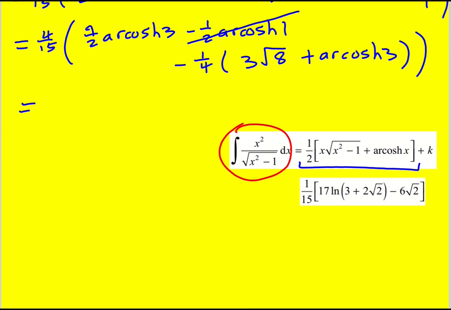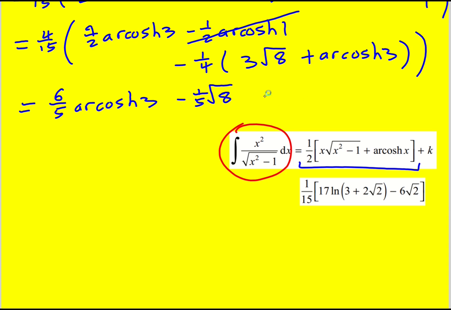Let's multiply by that 4 over 15. If you do 4 over 15 times 9 over 2, you actually get 6 over 5. So 6 over 5 arcosh 3. And then for the next bit, the 4 and the quarter are going to cancel. So I'm going to get 1/5 root 8, because it's 3 over 15 times root 8.